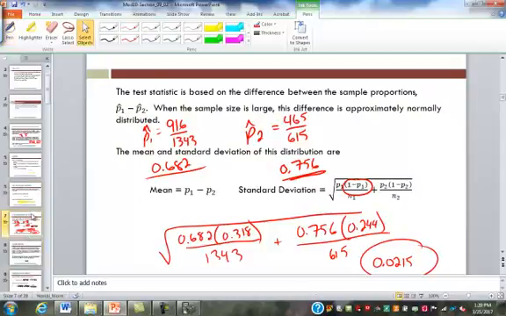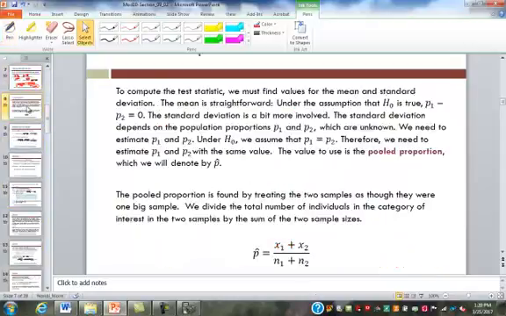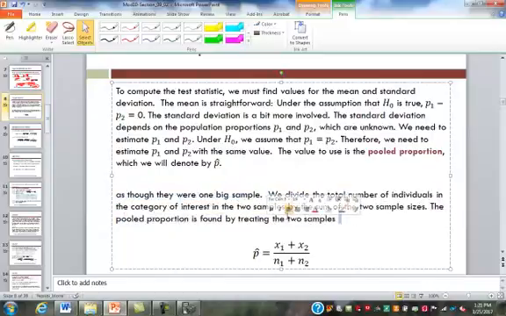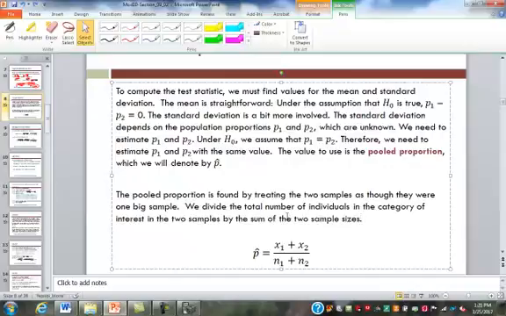Now I'm sure they'll calculate that for us here in the next couple of slides. P hat, then, if you're going to pool, if you're doing these by hand, pooling is one way to make this a little bit shorter. To get the pooled proportion, you add x1 and x2, n1 and n2, and then you divide that out to get the pooled proportion.